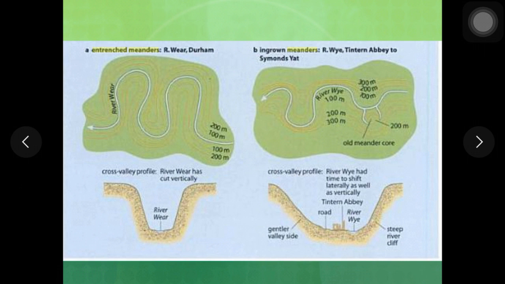As against this, in this case here, suppose the falling of sea level is slow, or the river is trying to attain a new graded profile at a slower pace, in that case there will be vertical erosion as well as lateral erosion in case of meandering rivers, and due to this an ingrown meander is formed which is asymmetrical, not symmetrical in shape, and where you can see a gently sloping side as well as a vertical, steeply dipping side.